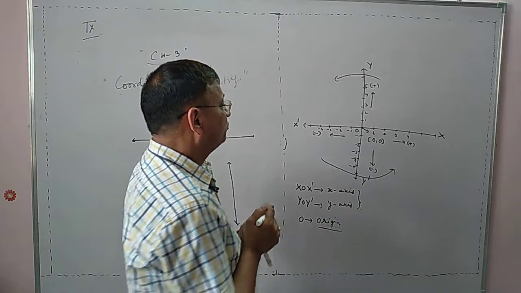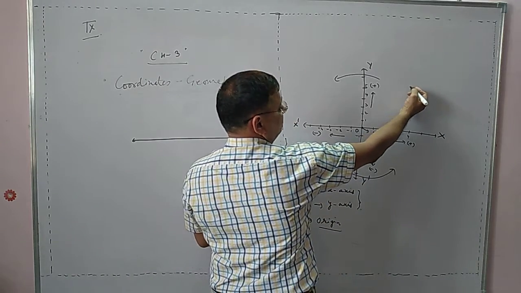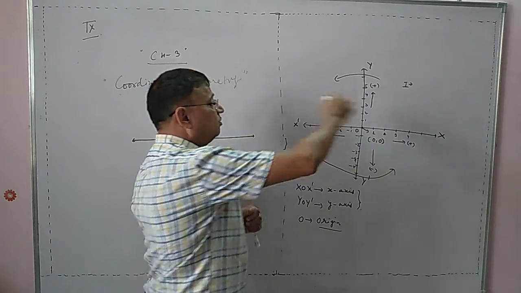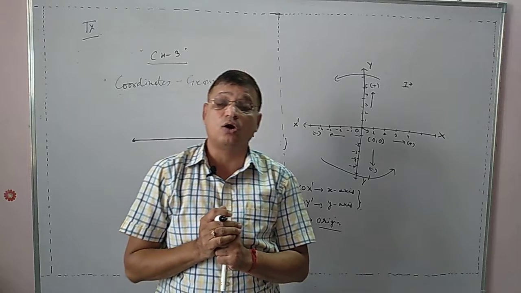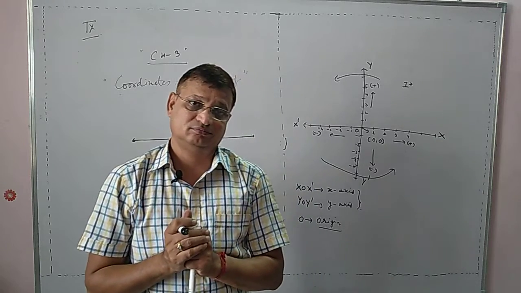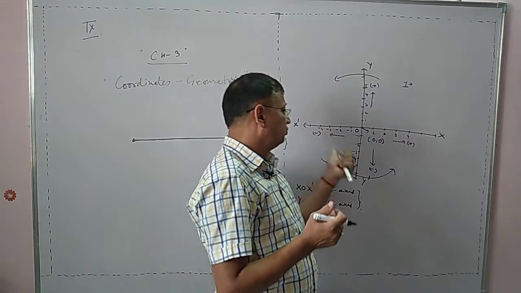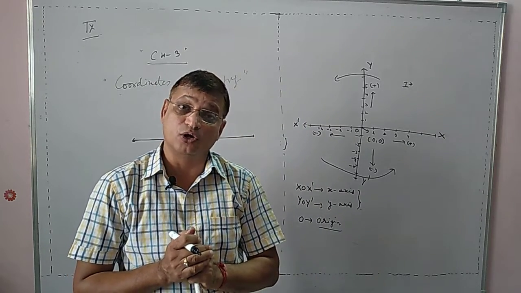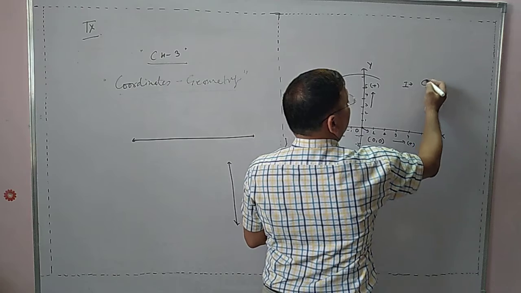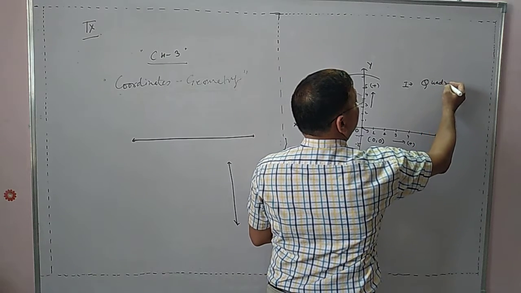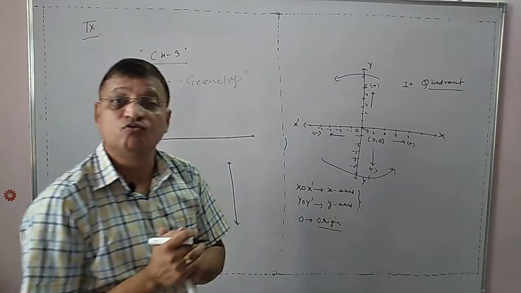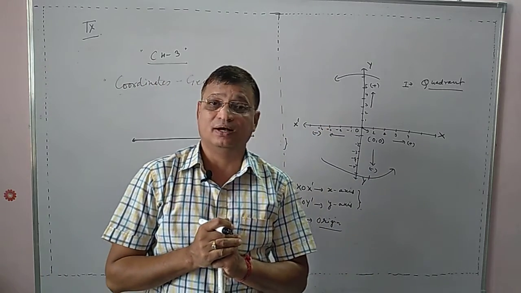So first we start from this one. It is called the first quadrant, because each part is called a quadrant. Quadrant means one-fourth part. So there are 4 parts, 1, 2, 3, 4. All parts are equal, and each part is called a quadrant, that means 1/4 of the whole.